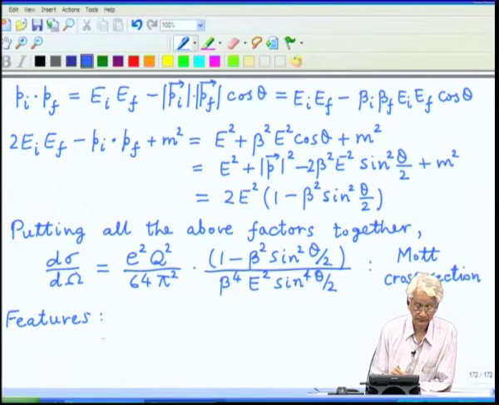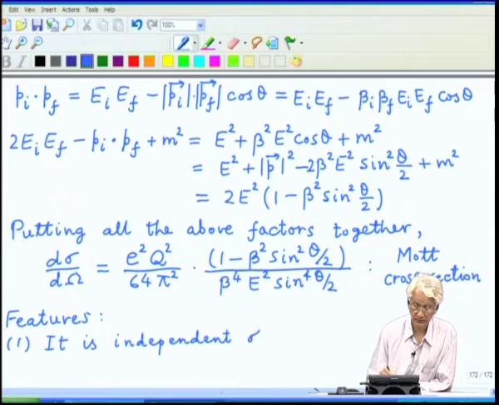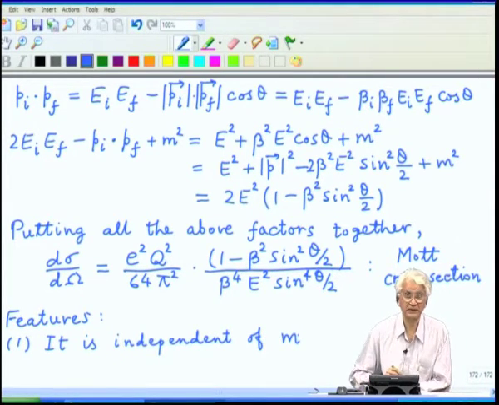So, one feature is that it is independent of the mass of the electron.